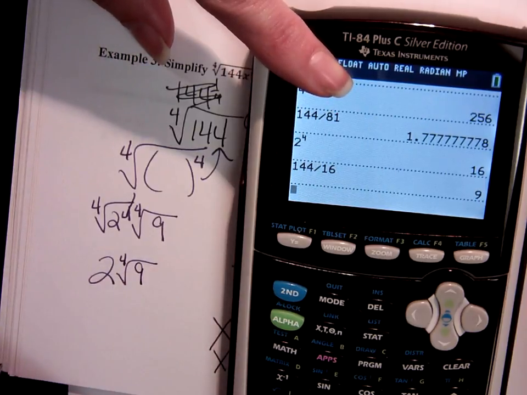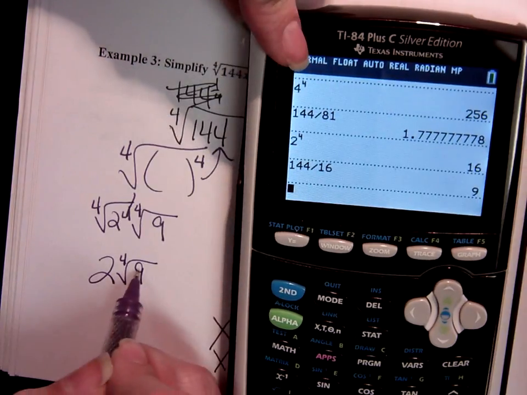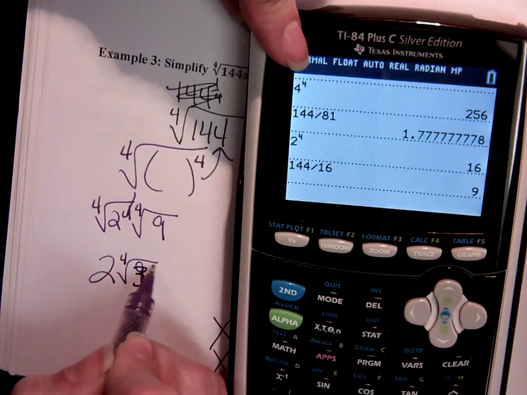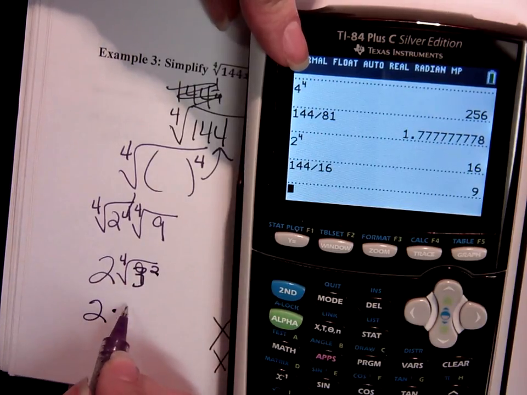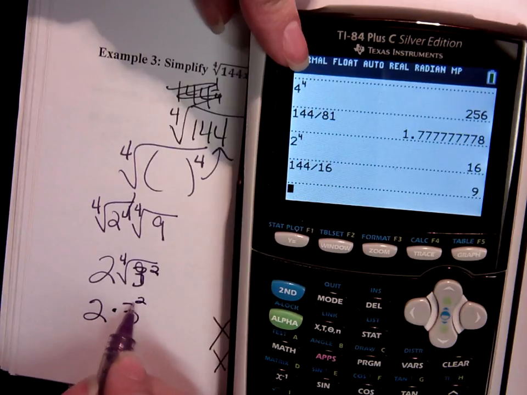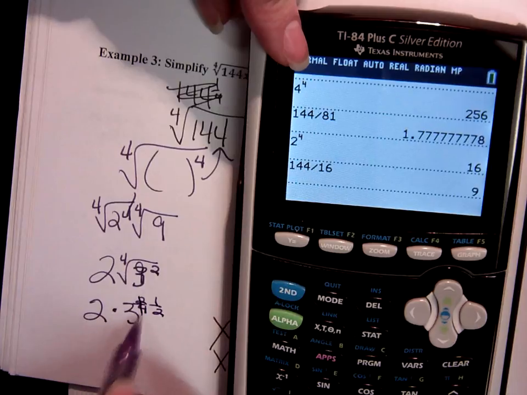Okay. Now, again, if I think of this as 3 squared, then I can write 2 times 3 to the 2/4, which is the same thing as 1/2. And now I've got 2 square root of 3.